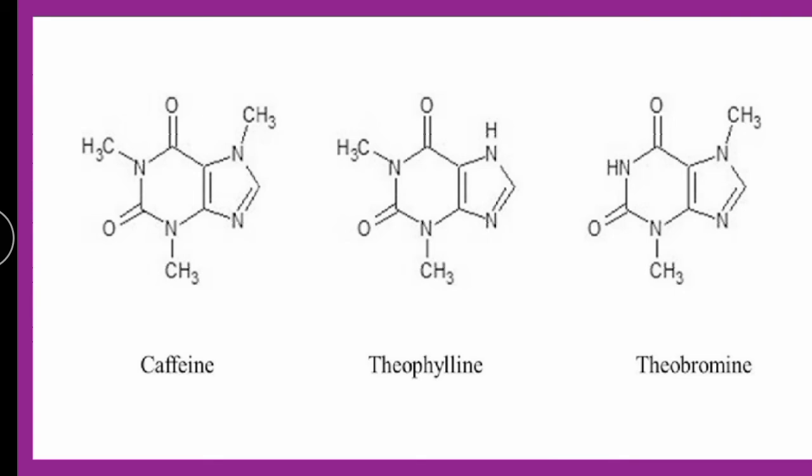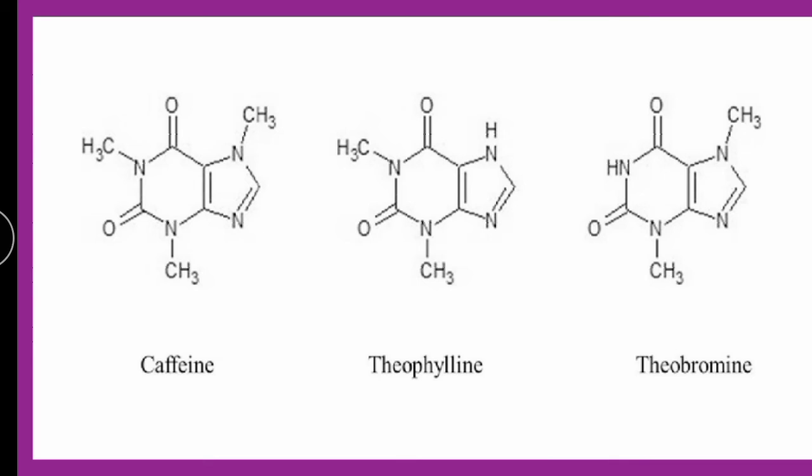where this center ring is nothing but the nucleus of methylxanthines. So why is it called methylxanthines? Because if you look into the structures, this depends on the number of methyls. In the caffeine structure, all three nitrogens are occupied by CH3.